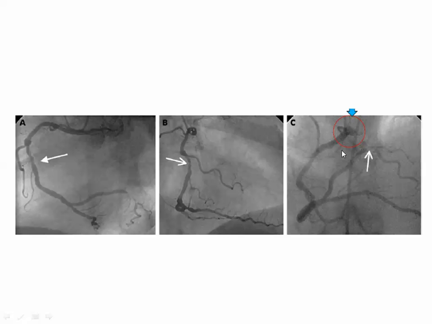So it will be oblique, okay? Not perpendicular to you. If I am in the RAO, it will be perpendicular. But if I am AP, it's not perpendicular, it is oblique to some extent, okay?